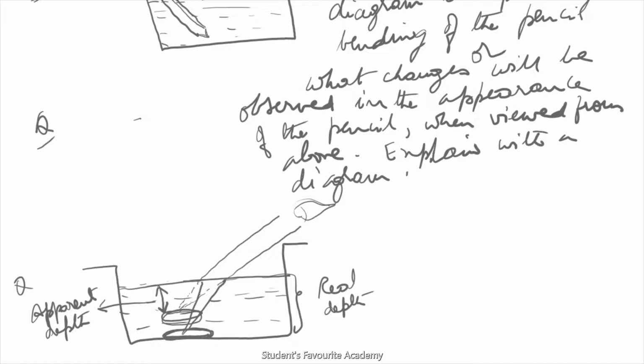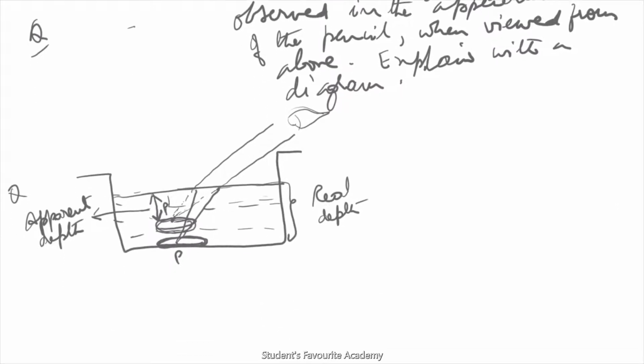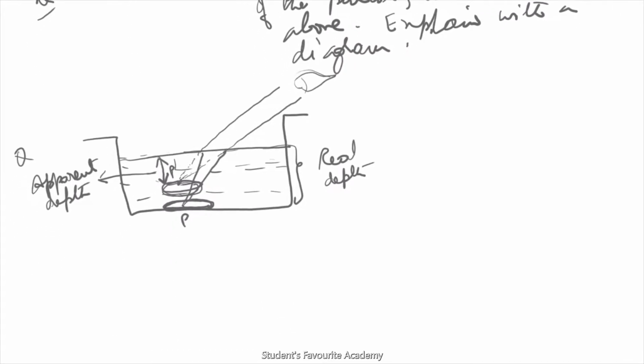So this is a coin placed in a vessel containing water. Okay, is that clear? If the object, the coin, is here, it will appear here at P dash. So it will appear raised. So you will feel that the depth of the vessel is less. Okay, clear children? Okay. So let me discuss some more consequences of the refraction of light.